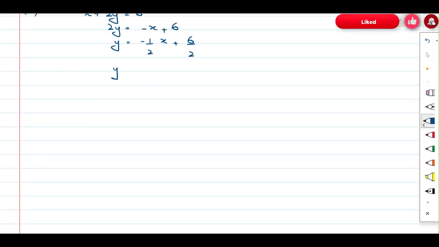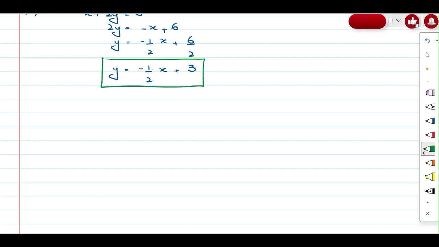So y equals minus 1/2 x plus 3. Now this is my equation of the line. Now we need to figure out the line which is parallel to this line, and we know that for a parallel line we have the same gradient.